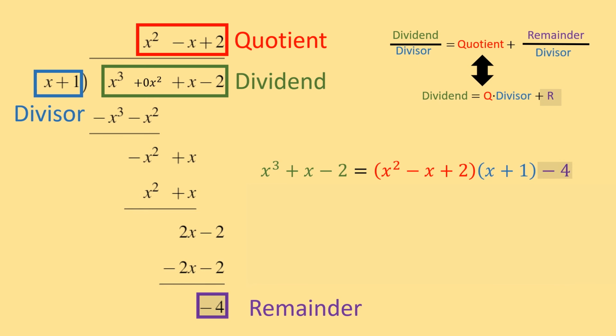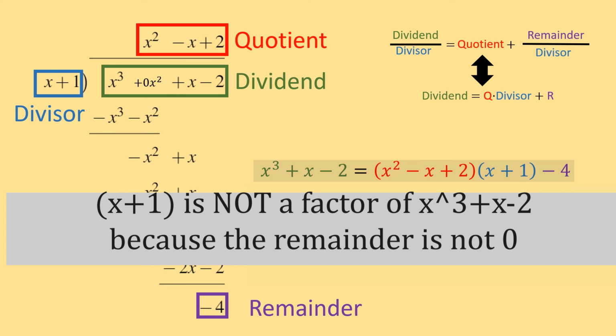If you look on the right side, this is no longer a product of two polynomials. It's a product of two polynomials, but it also has a constant on the outside. And so in this situation, I do not have a factored form of my original polynomial, of my dividend. And so for this example, you would say that x plus 1 is not a factor of x to the third plus x minus 2.